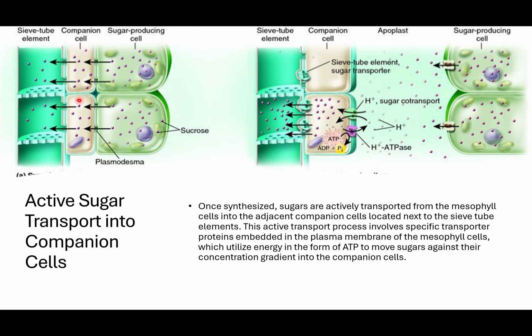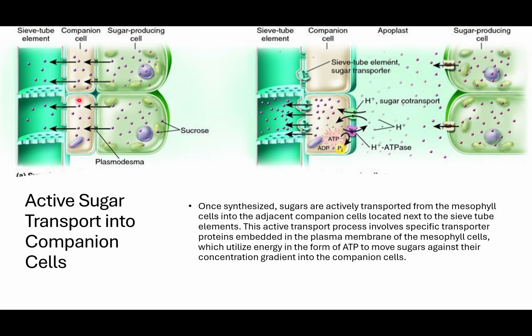All right. So in simplicity, what we're looking at now is the fact that the mesophyll cells produce sugars, and we need to get these sugars into the sieve tube elements. So we're going to have the active transport by way of the companion cell. Remember, the sieve tube elements don't have these mechanisms. Therefore, the companion cells will have to do these metabolic processes.